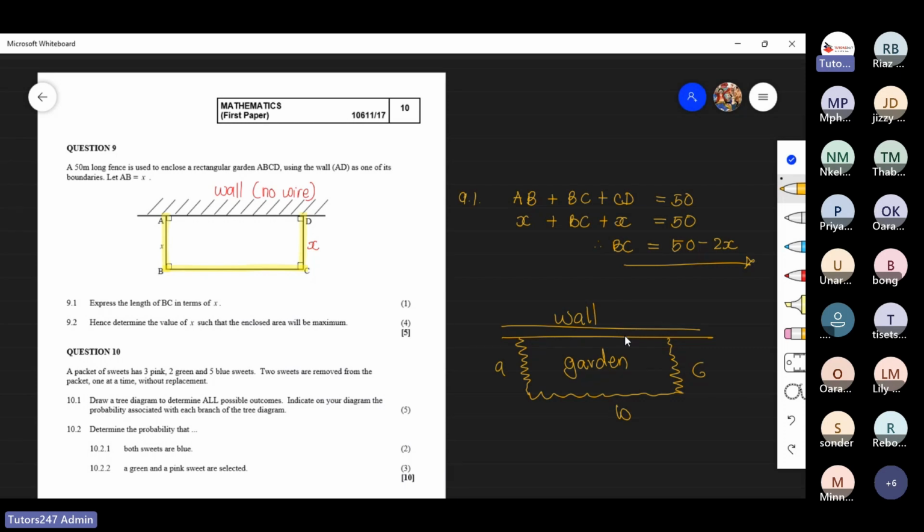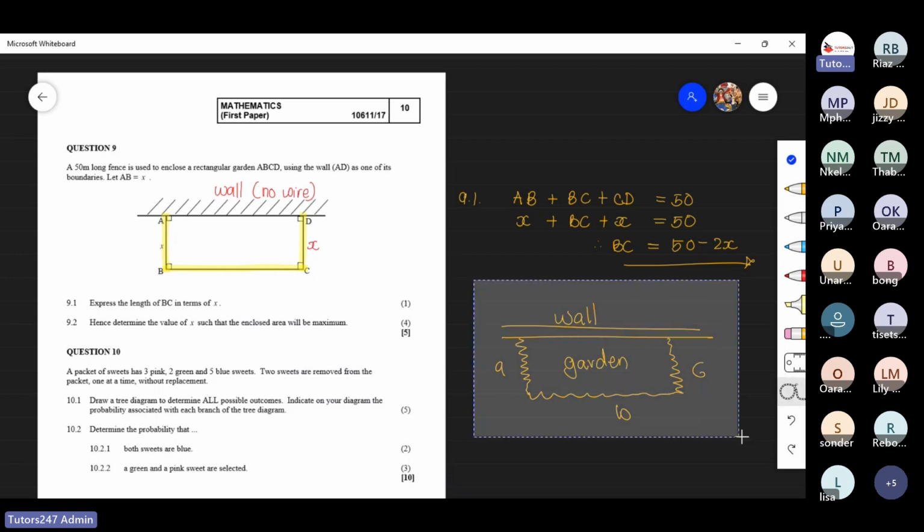That's why we can't include AD within the equation. We are only including AB, BC, and CD as part of the 50 meters because that's the perimeter in which the wire fencing was used. Does it make sense? Well, thank you. Okay, so let us proceed.